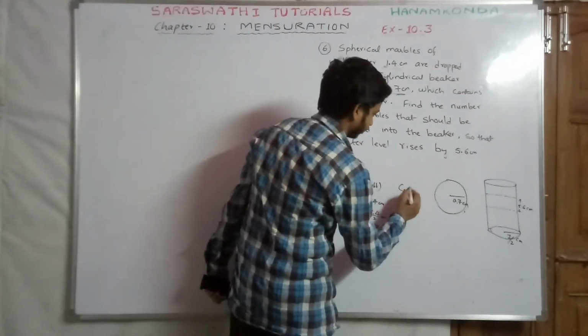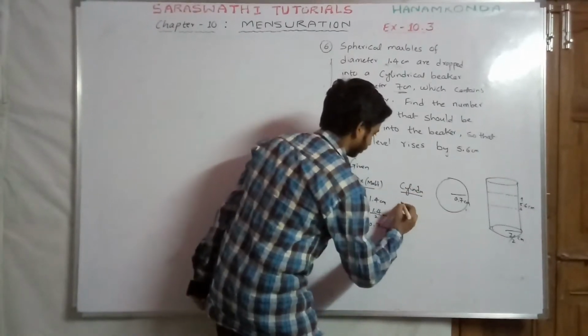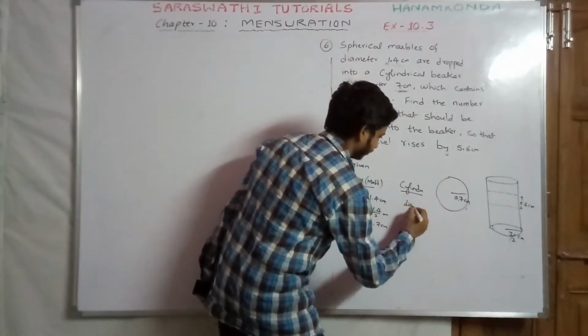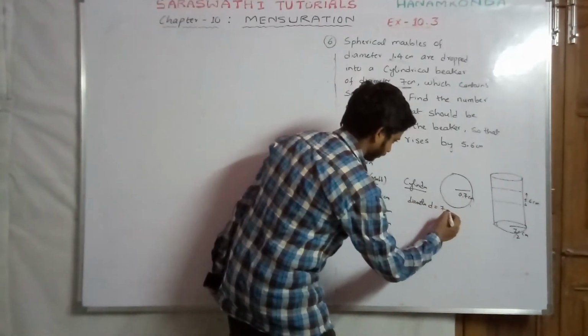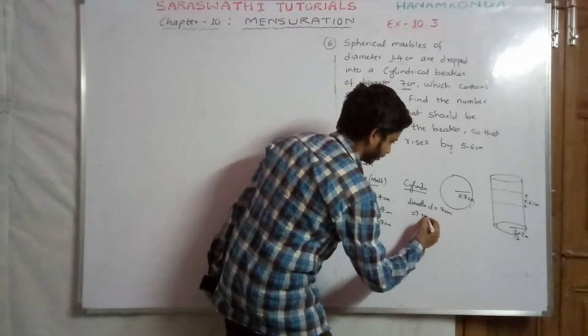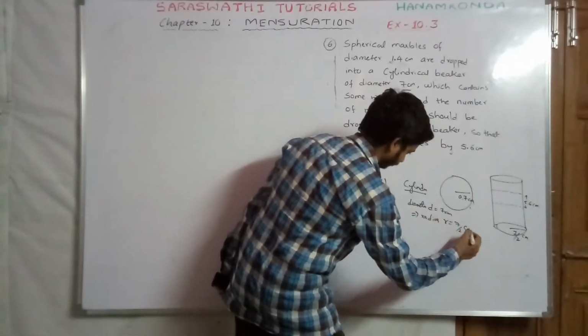And the cylindrical vessel dimensions: diameter D equal to 7 centimeters is given. It implies the radius r is equal to 7 by 2 centimeters.